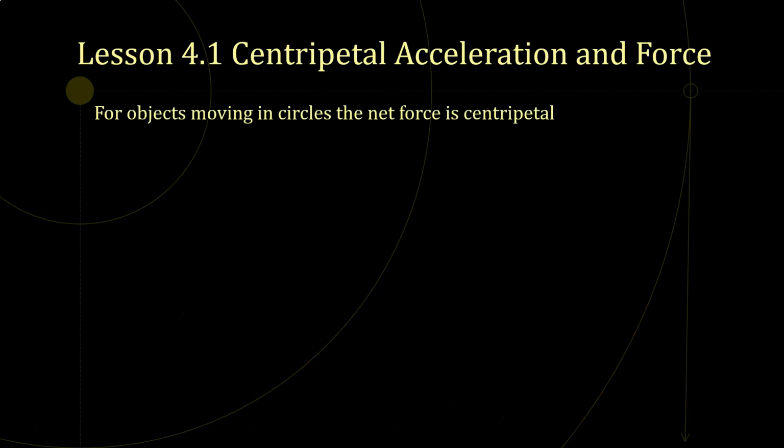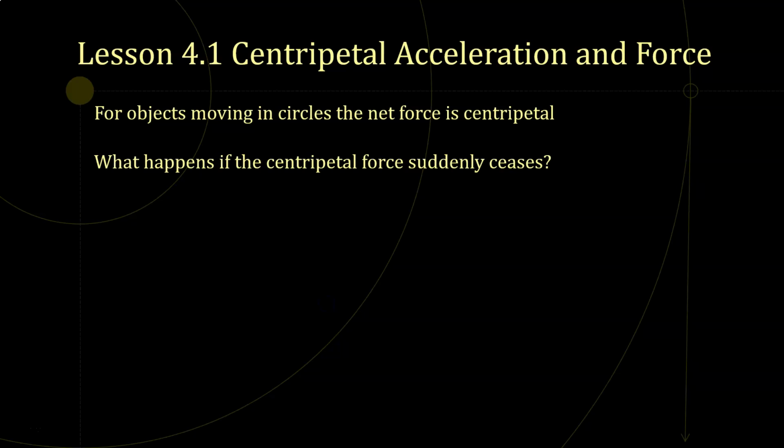But it is important to note that the net force is what is centripetal. It's not just an individual force, and it's definitely not a special kind of force called the centripetal force. It's always caused by typical forces with identifiable agents. And the point here is that sometimes it's caused by multiple forces added together whose vector sum points toward the center of a circle.